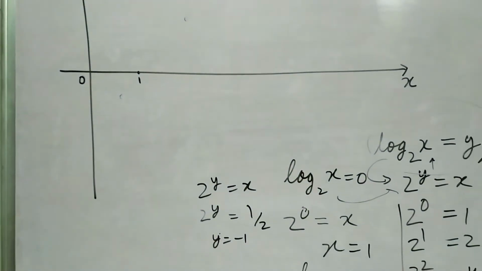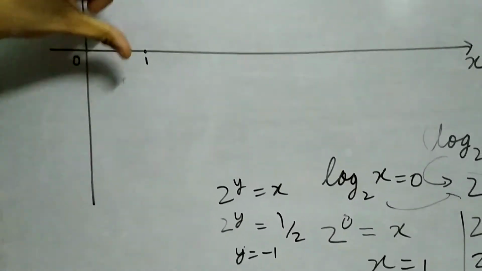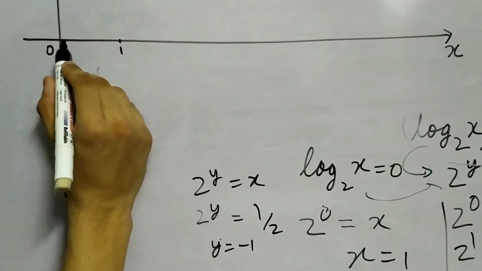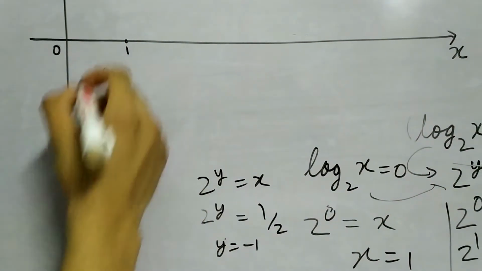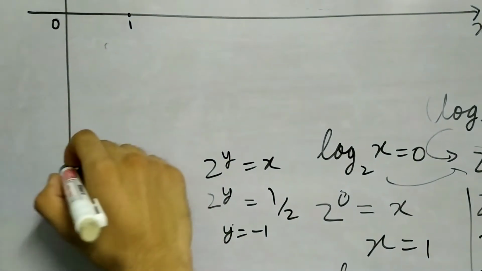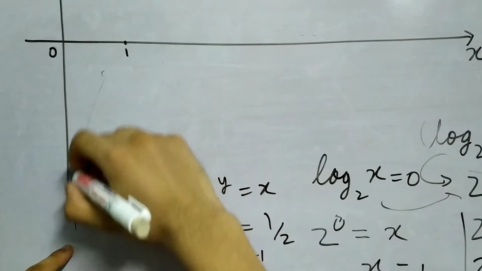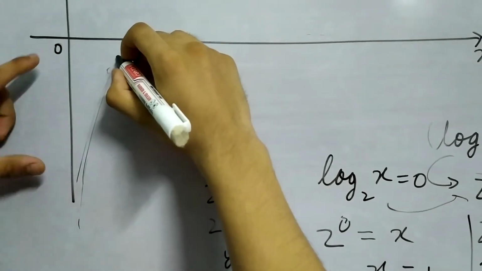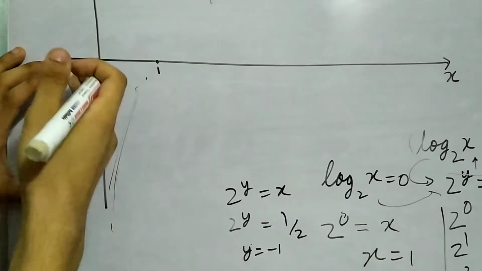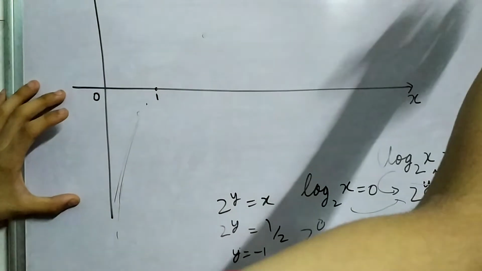So if x is less than 1, y starts to give you negative values. So between 0 and 1, you will have negative values. So the function must look something like this, something which increases from 0 to 1, but it's still in the negative y direction. At 1 it should be 0, and then it should increase.